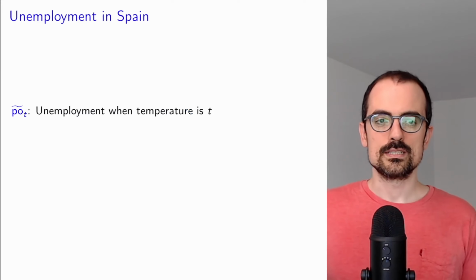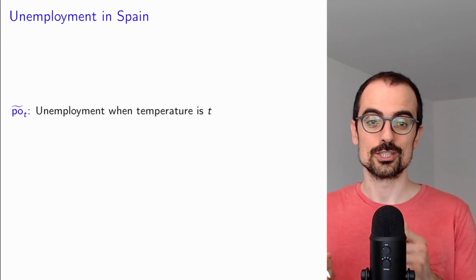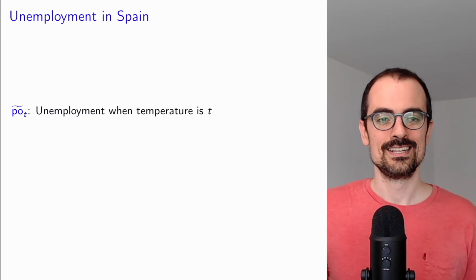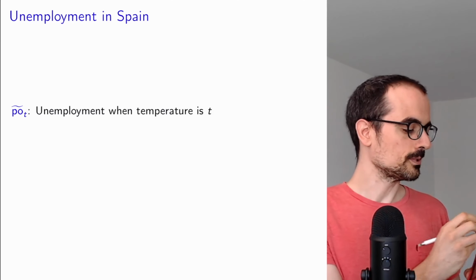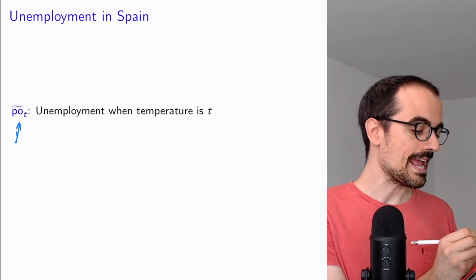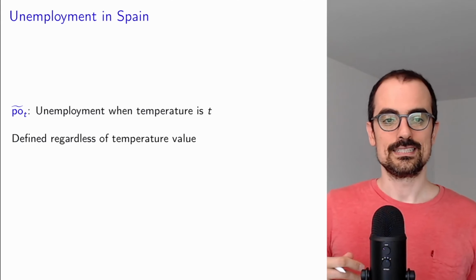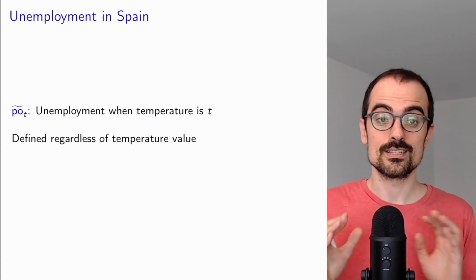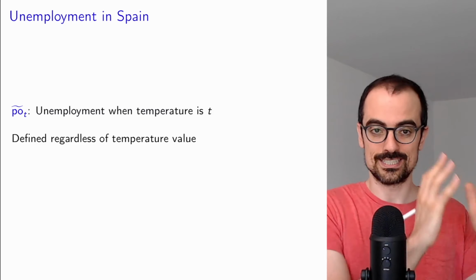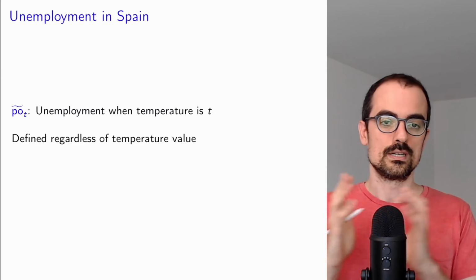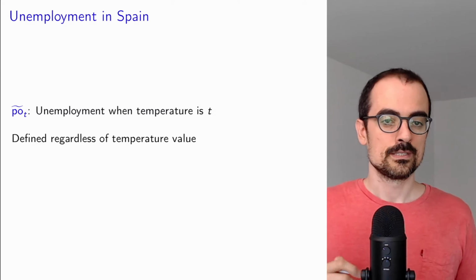What about unemployment in Spain? Now the treatment is not binary anymore, so we have a lot of alternative realities. We have a lot of potential outcomes that are associated with every possible value of the temperature. It is defined again regardless of the actual temperature that happened. These are just alternative realities that tell us what the unemployment would be for different temperatures.